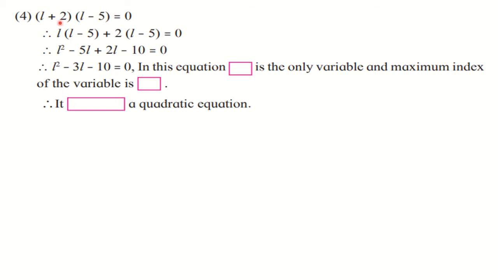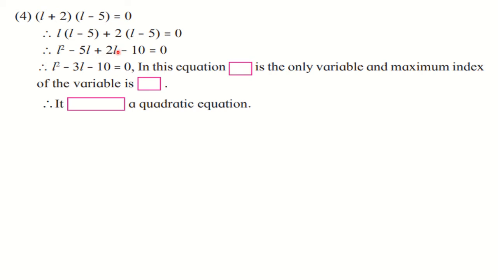Then the second term of the first bracket, plus 2, is written, and L minus 5, the second bracket, is written as it is. You can skip this step. You can directly come here if you know the multiplication. You have to multiply each term by each term, like L into L, L square. Then L into minus 5, minus 5L. Plus 2 into L, plus 2L. And plus 2 into minus 5, minus 10 is equal to 0.